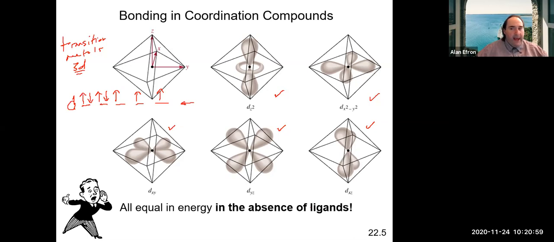Now, what actually happens when we have a ligand present is that there's a splitting of these d orbitals. When a ligand is present, we sometimes get some of these d orbitals to split. Perhaps we'll get 3 orbitals lower in energy, and 2 of them higher in energy.